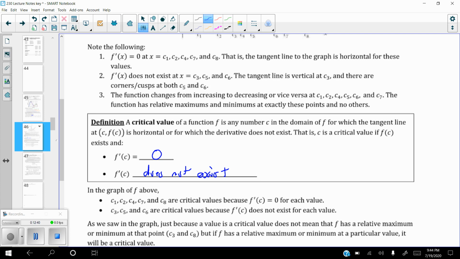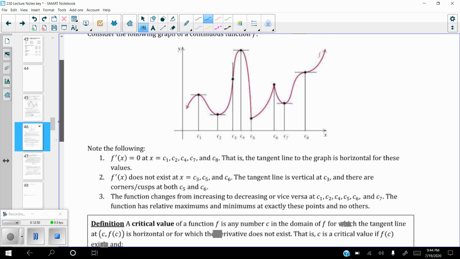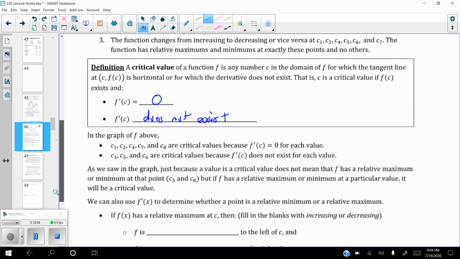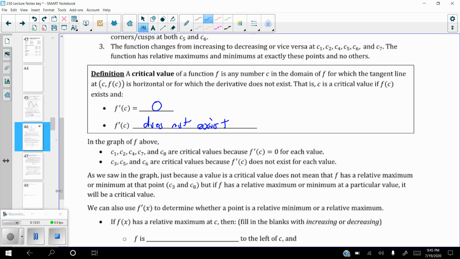So in the graph of f, C1, 2, 4, 7, and 8 are critical values because f prime of c, or the derivative, equals 0, meaning the slopes are horizontal, which you can see at all of these places. Okay, I'm not going to do them all, but you get the idea. And then at C3, 5, and 6, those are also critical values because f prime does not exist.